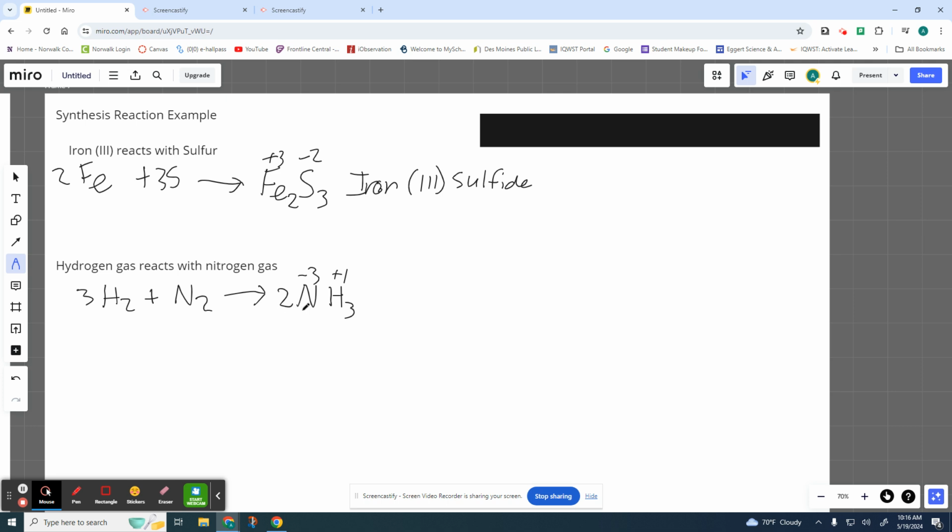Now I'm going to do a prediction using the equation and unit multipliers along with the package masses of each compound and element.